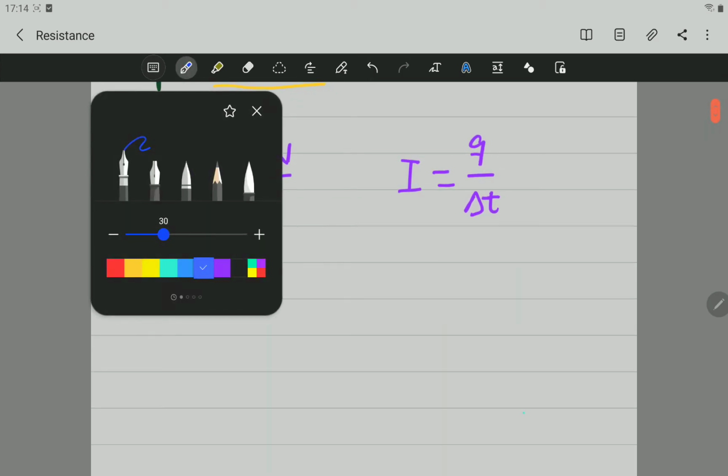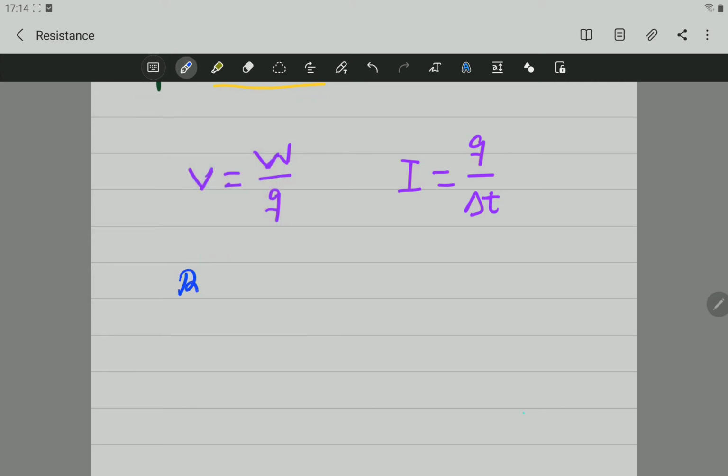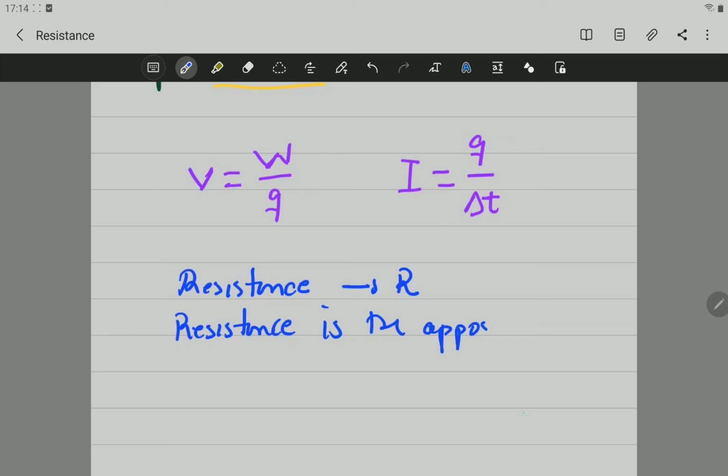The symbol for resistance is a capital R. And resistance is the opposition to the flow of electric charge.